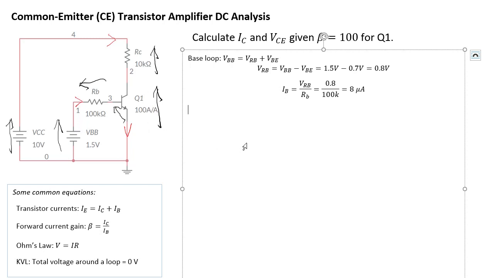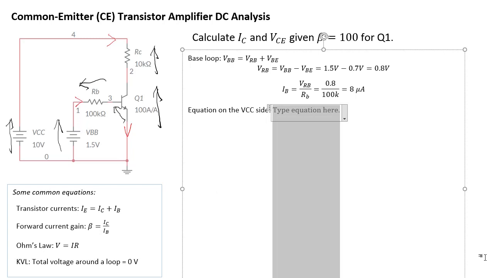On the VCC side, this part is 10 volts. So VCC is simply equal to VRC plus VCE.